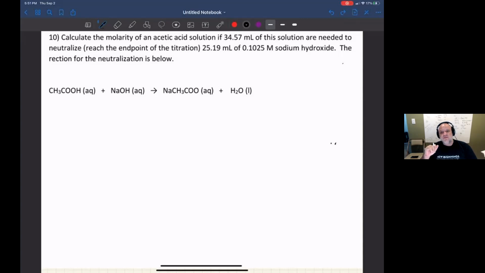You will find videos on the internet that have you use the dilution formula, M1V1 equals M2V2, on titration problems to do a solution. What will that do? That shortcut will get you the right numerical answer in problems where the stoichiometry is 1-to-1.